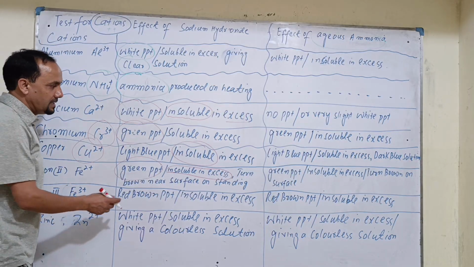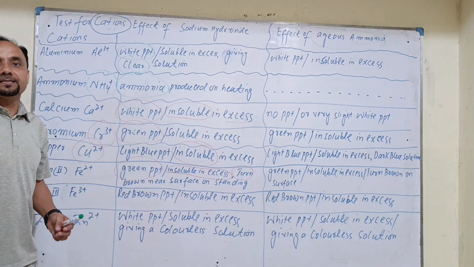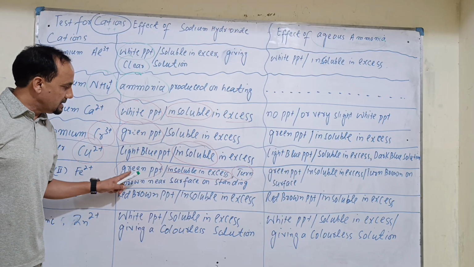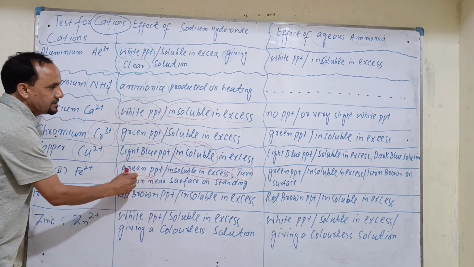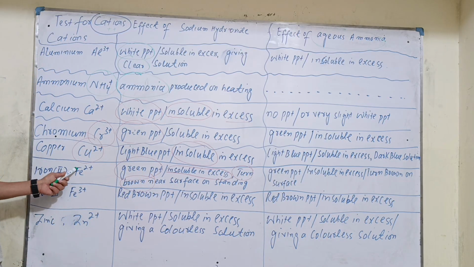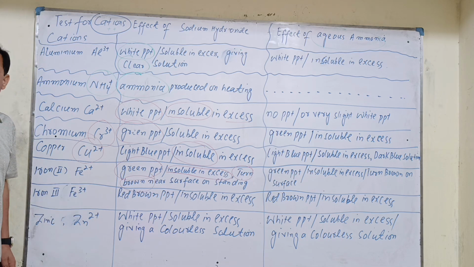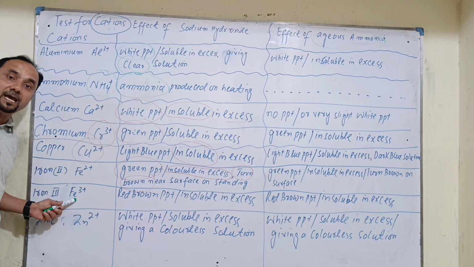And for Fe2+, if that solution is kept open for some time, the color that was green will turn brown. What is the reason? This Fe2+ will oxidize as there is oxygen in the air, and Fe2+ will change into Fe3+.